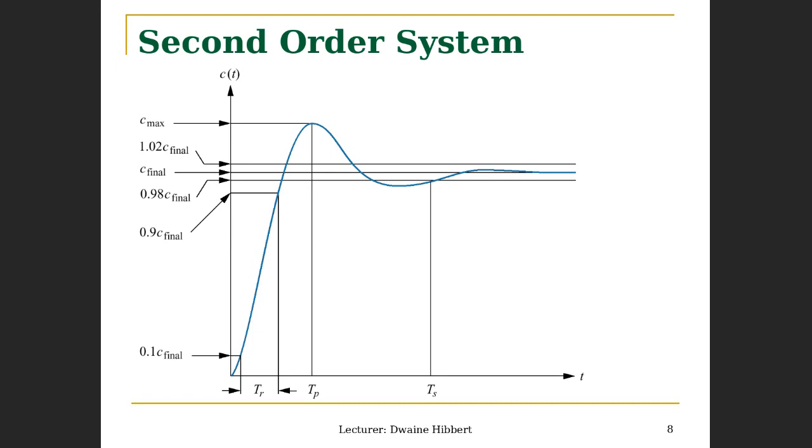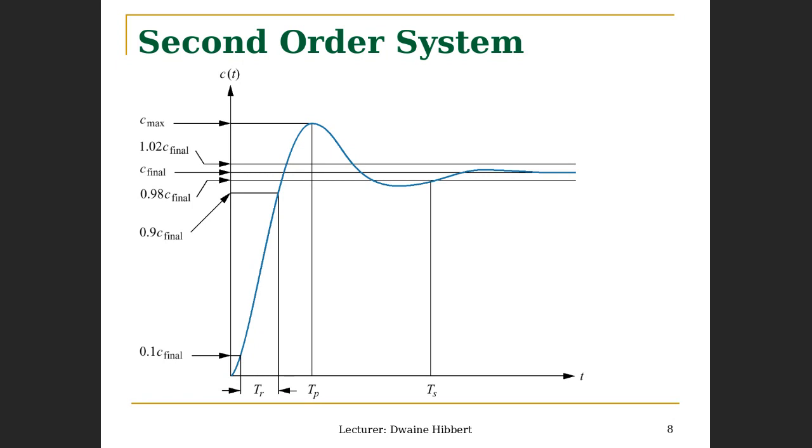What you will see in subsequent slides and presentations is that the response of a second order system can have a number of possible shapes. We're going to see that there are fundamentally 3 possible shapes for the response of second order systems that are stable. I'm using the word stable here, and we'll discuss that also.